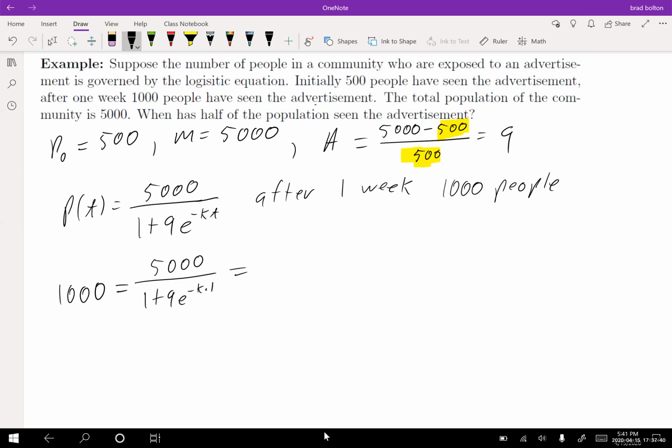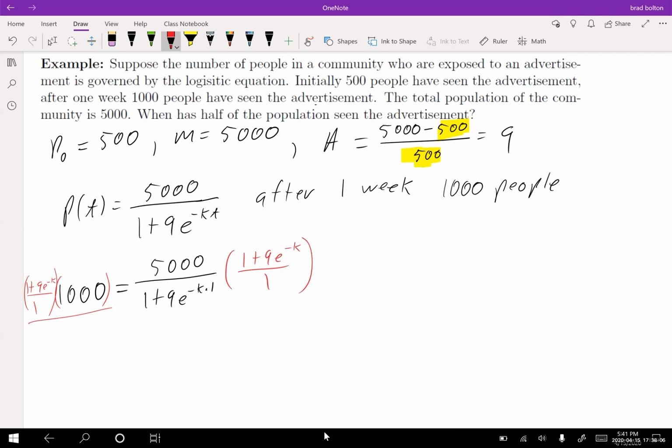So we're going to do this problem with t being in terms of weeks. So then we're going to come over here, and we now have, let me see, we could multiply both sides of this equation times 1 plus 9 e to the negative k over 1. And we could do it to this side as well.